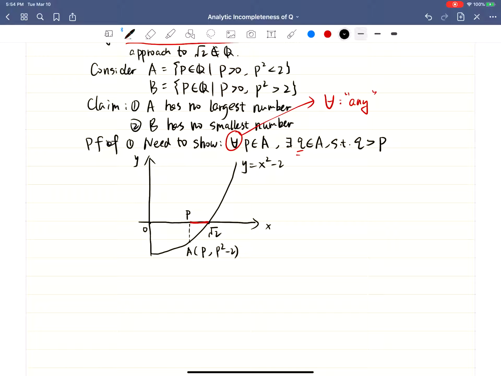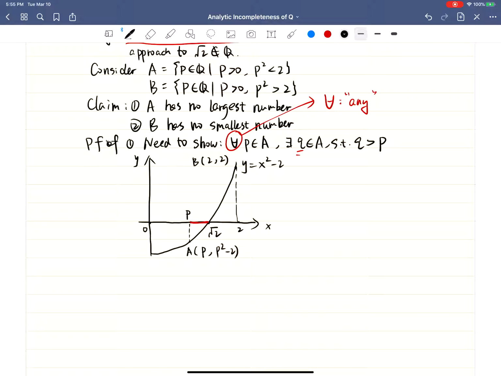Well, we pick a point on the right hand side of the square root of 2. Okay, let's say we pick 2, and let's call this point B, and the coordinates are 2 and 2, right?